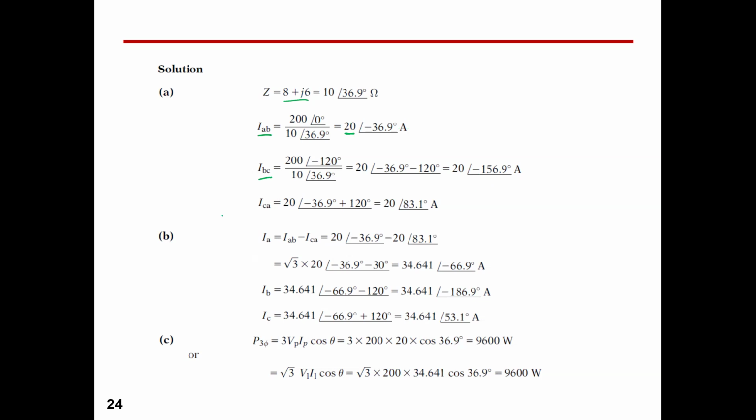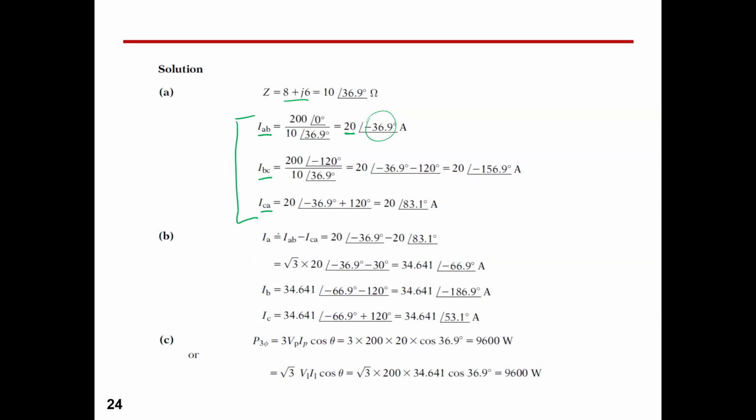The same is for ICA: 20 at angle minus 36.9, the angle of the first phase, plus 120, which is 83.1 amperes. So this is, guys, how we calculate the three phase currents.